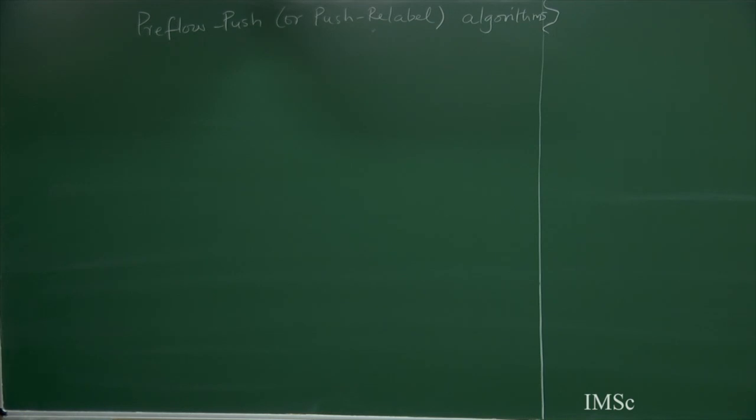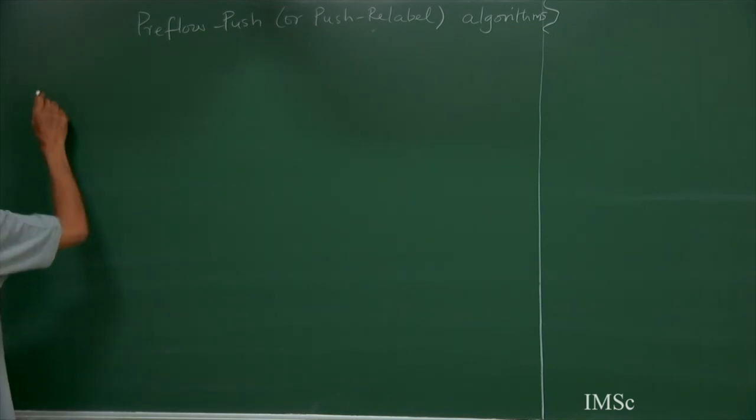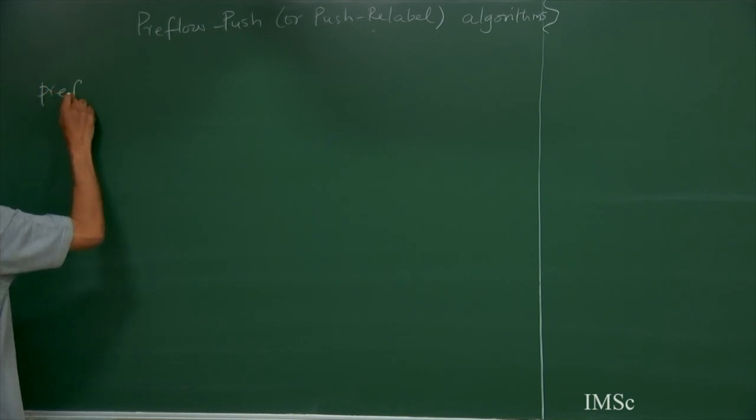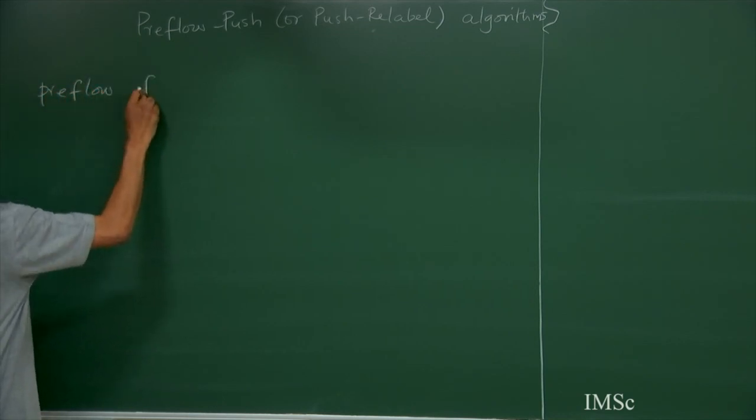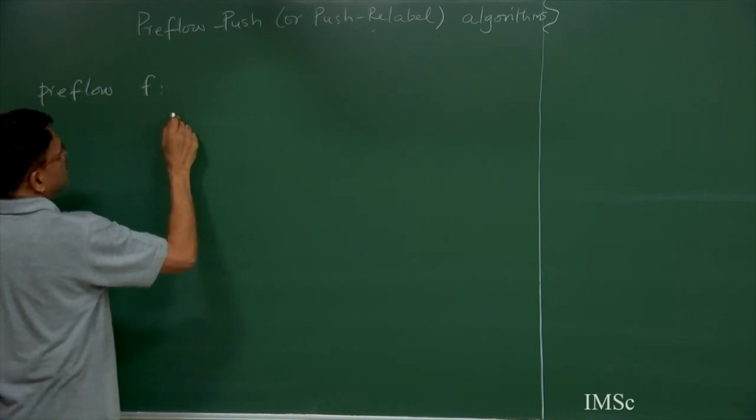I'll quickly revise how far we went on this algorithm and its analysis last time. So, the central notion is what is called a preflow. What is a preflow?